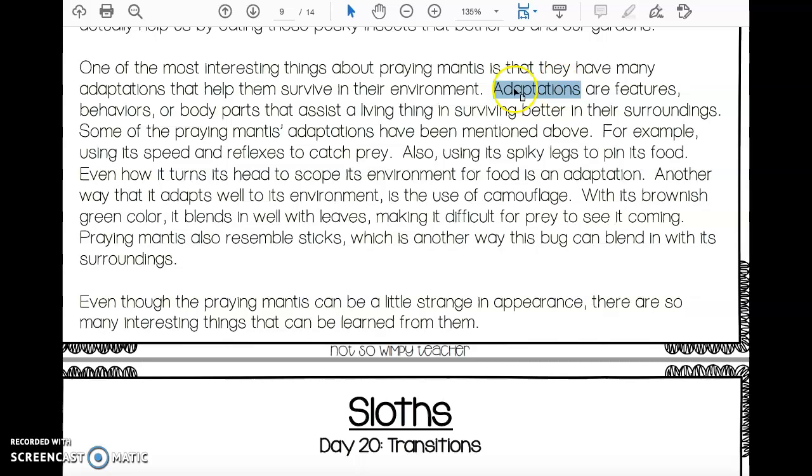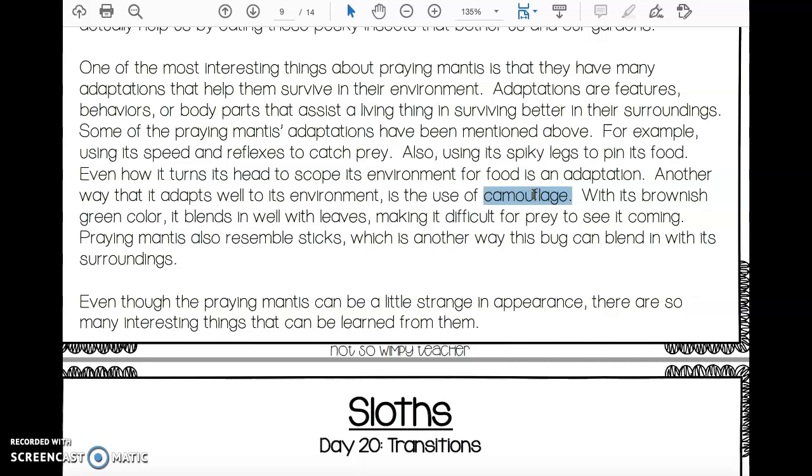So adaptations is a vocabulary word. So the author in this text defined the word adaptations and gave examples. So some of the praying mantis adaptations, for example. So defined it and then gave examples.